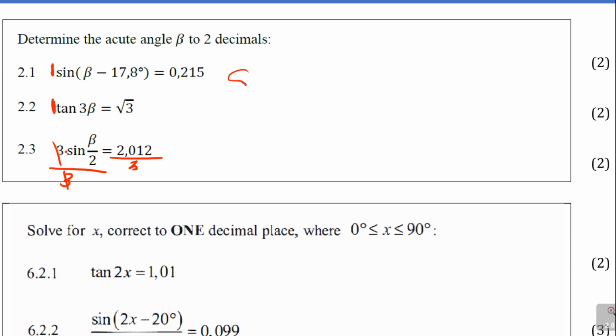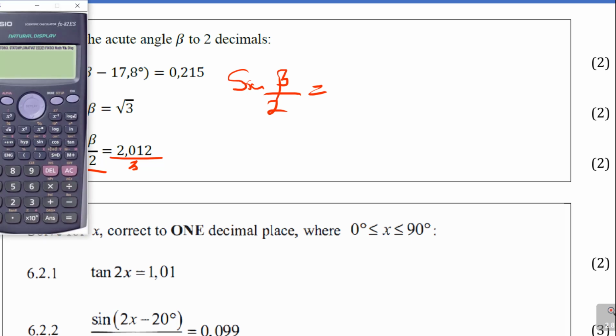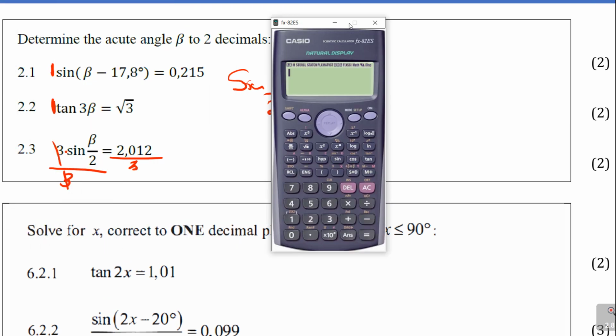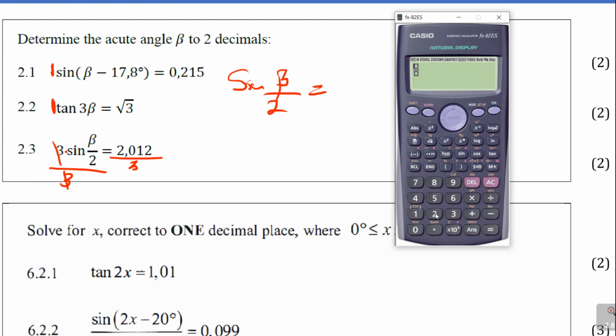So then I will have sin beta over 2 is equal to 2,012 divided by 3. Are you with me? So let's do that. 2,012 you divide by 3, and then you get what? 0,67066. Let's say 0,67.